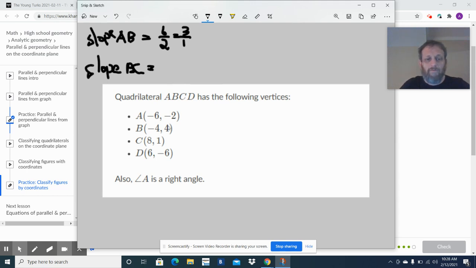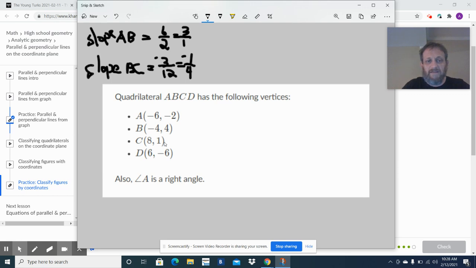All right, so from 4 to 1 is a change of 3. From -4 to 8 is a change of 12. And that reduces to 1/4, not 1/3. And I did make a mistake, it's negative.